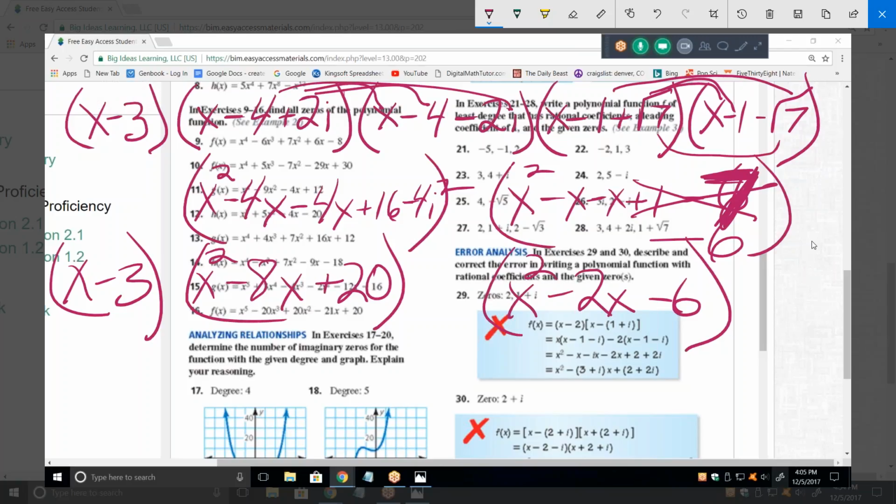Or actually, if I multiplied this linear by this, I'm going to end up with 4 terms, and then I have to multiply 4 terms times 3 terms. So it's going to be easier if I multiply 3 terms by 3 terms, come up with a 4-term polynomial, which I can then multiply by a 2-term polynomial. So most of these problems you run into, it's almost always slightly more advantageous to multiply the last 2 terms together first.